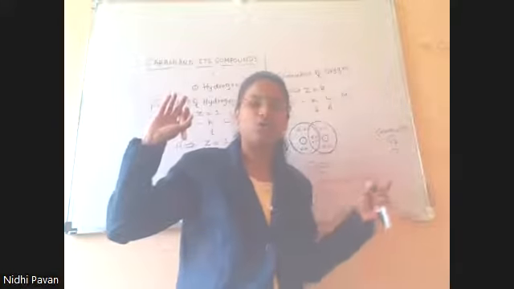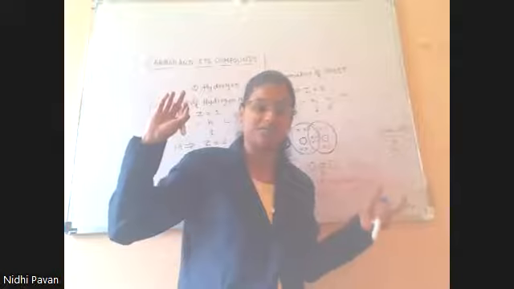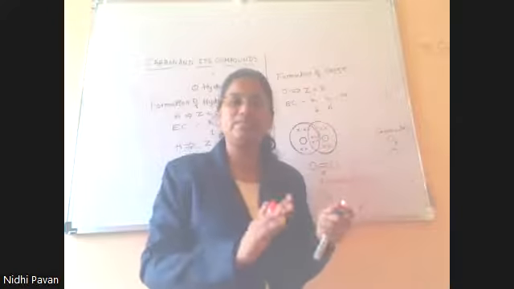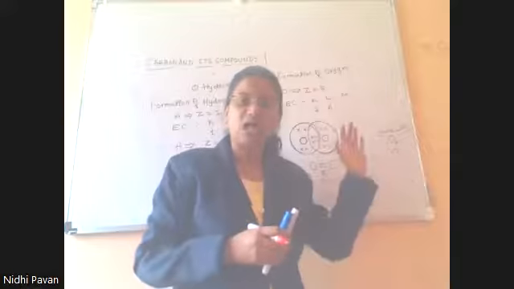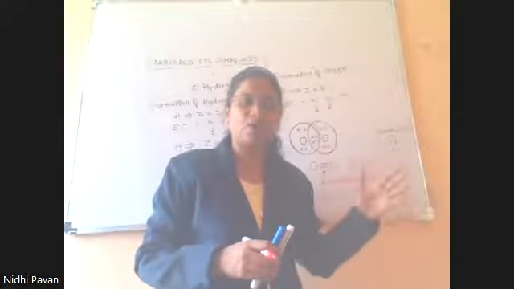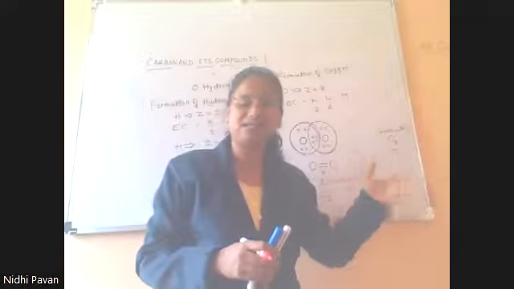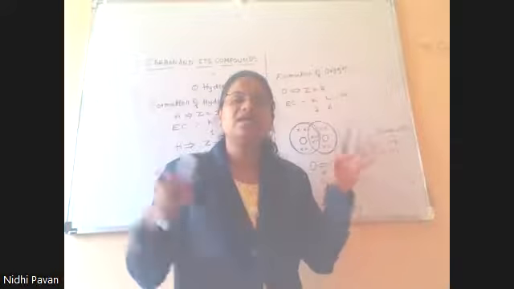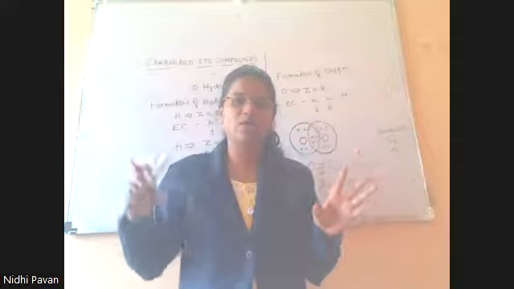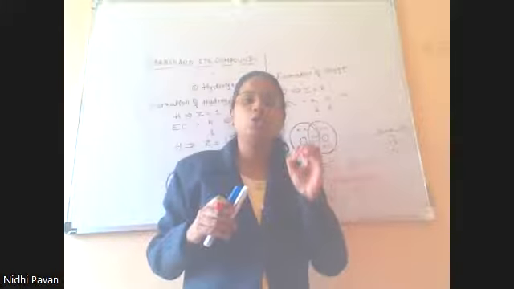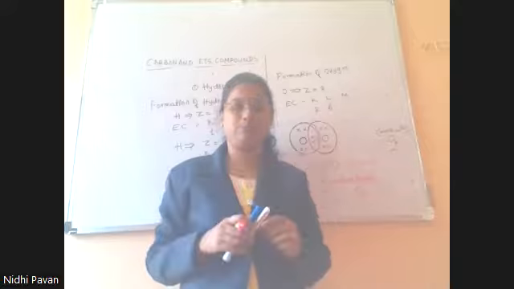Compared to ionic bonds, the intermolecular forces are weak. Carbon also forms covalent bonds with other atoms or with the same atoms. That is why carbon compounds have low melting and boiling points.